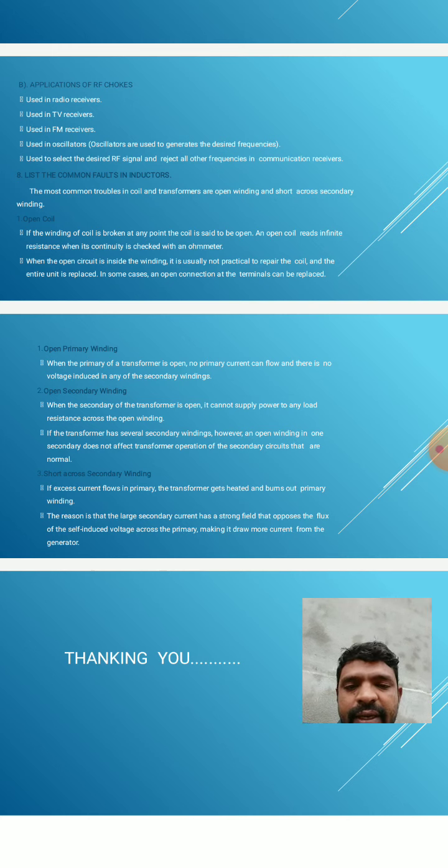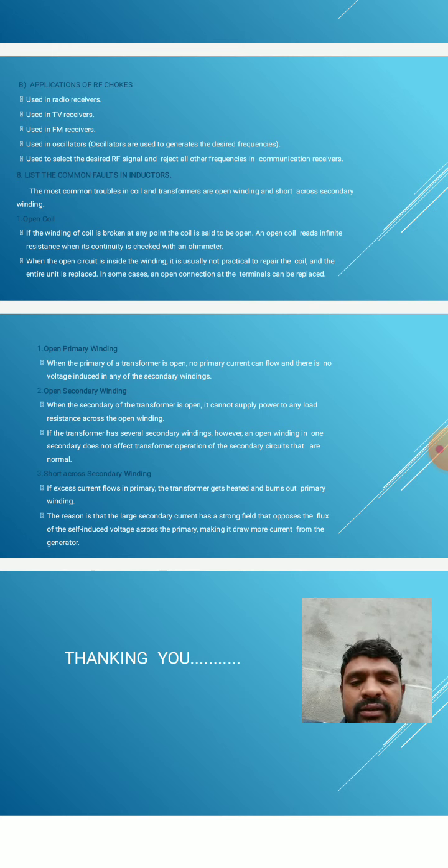Next one, short across secondary windings. If excess current flows in the primary, the transformer gets heated and burns out the primary winding. The reason is that a large secondary current has a strong field that opposes the flux of the self-induced voltage across the primary, making it draw more current from the generator.